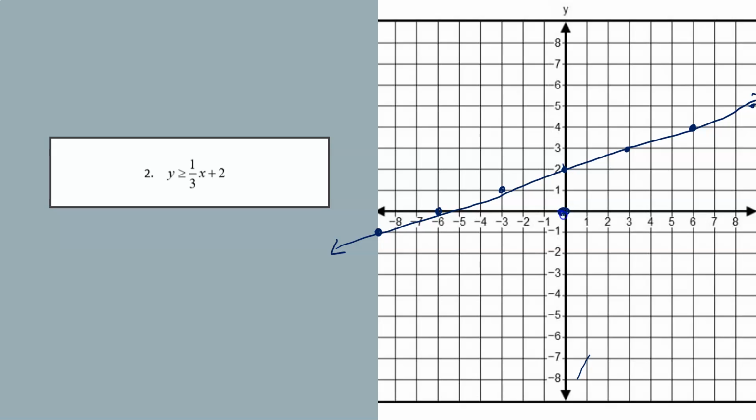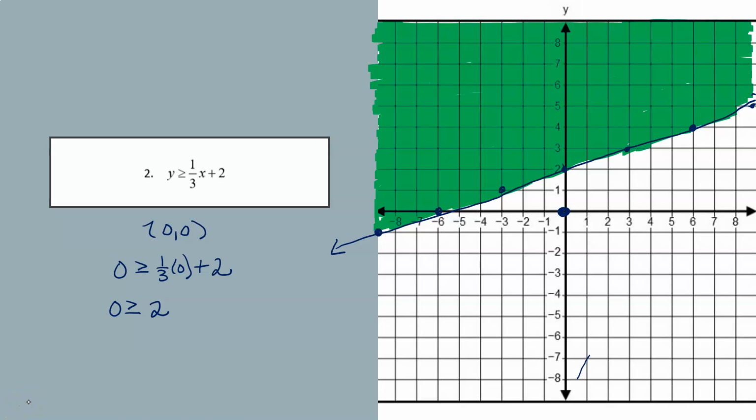And again, I'm going to use the test point 0, 0. When I plug in 0, I have 0 is greater than or equal to 2, which it's not. So we're going to shade the side without the test point. Okay, here's what your graph looks like when you shade it in. This time, any points that are on the line are included because of that greater than or equal to.